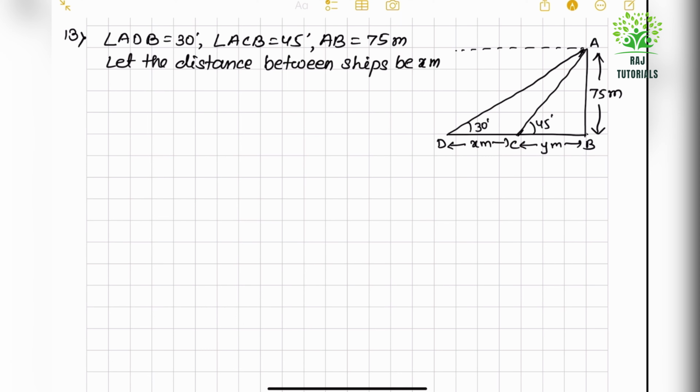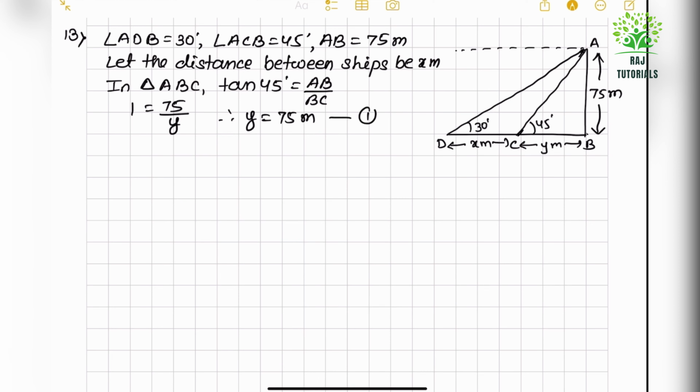Now, let us suppose the distance between the ships be x meter. So, now coming to the solution, in right triangle ABC, tan 45 will be equal to AB upon BC.